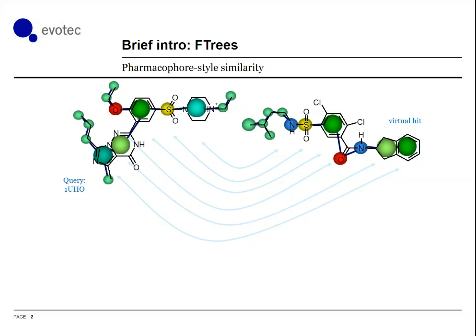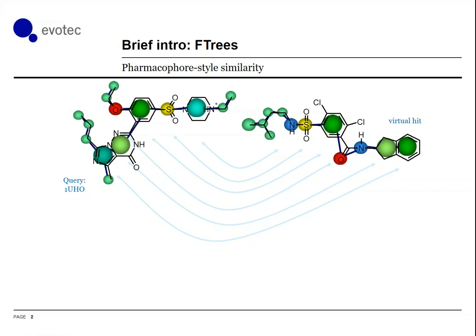I drew here lines indicating a mapping of nodes from here to here and so on. It's a little bit like sequence alignment, except that these sequences here have branches too. But otherwise, the methodology is really very similar.